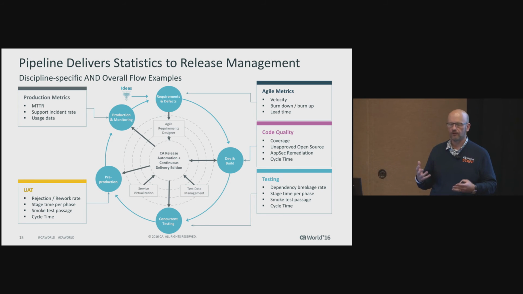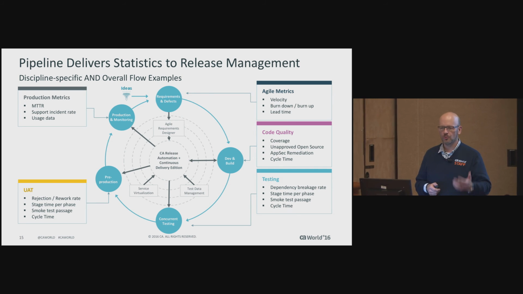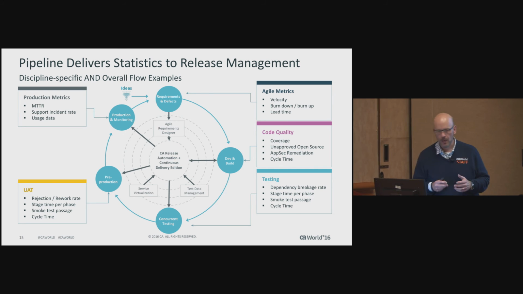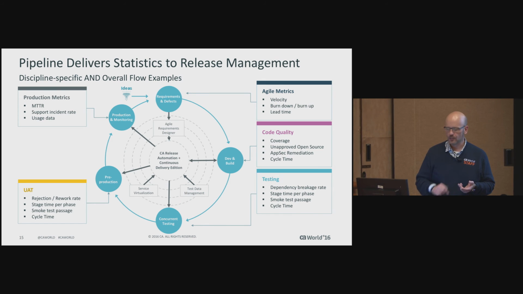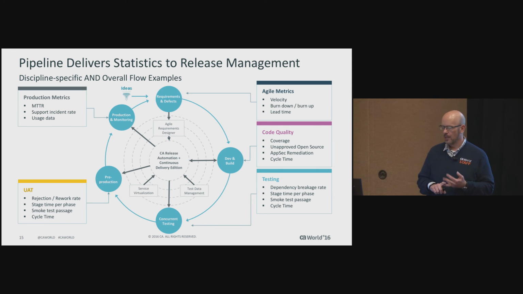At the quality level, we help you figure out your agile metrics: your burn down, your team velocity, code quality, test coverage, whether any unapproved open source is getting injected into your code base, and a variety of testing cycle metrics, both at the functional and UAT level.